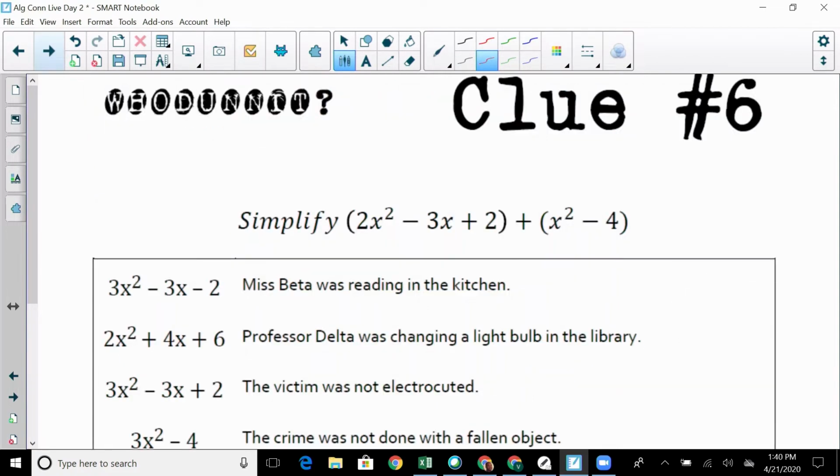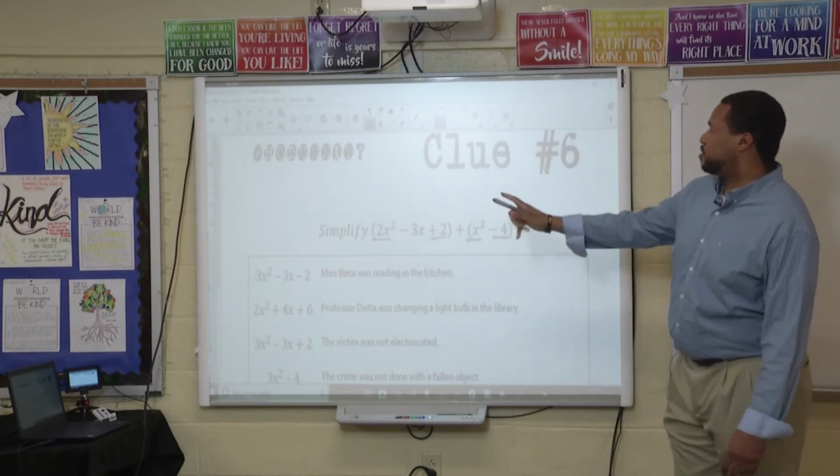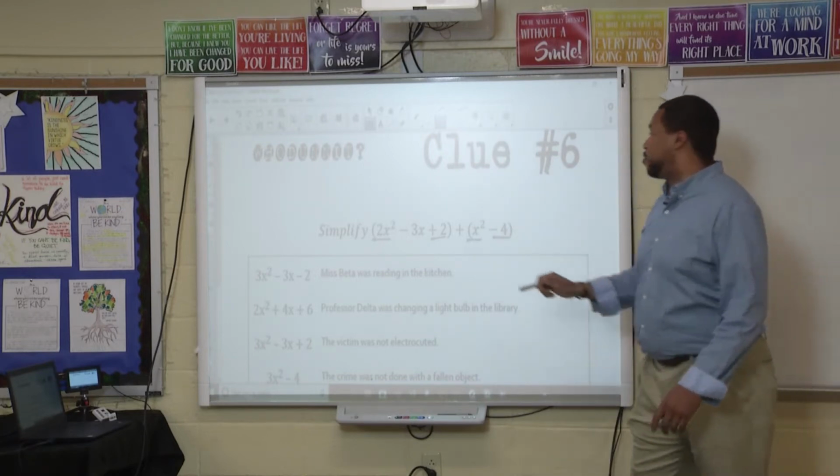The next clue, 2x squared minus 3x plus 2 plus x squared minus 4. My like terms are 2x squared, x squared. My other set of like terms, positive 2, negative 4. If I combine those, 2x squared plus x squared is 3x squared.